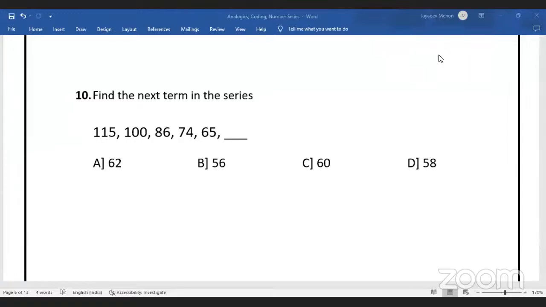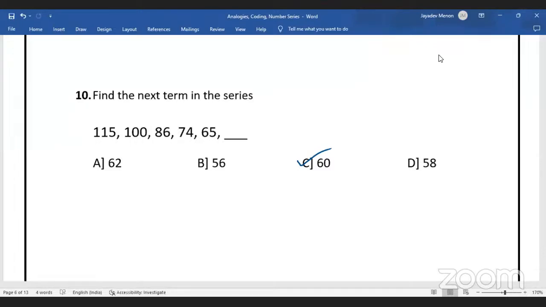Option C. So here we have 115, 100, 86, 74, 65. If we are looking at the terms, we can see that the terms are decreasing. So most probably this will be a subtraction series. Maybe the same number will be subtracted, or the subtracting numbers will be in some pattern.